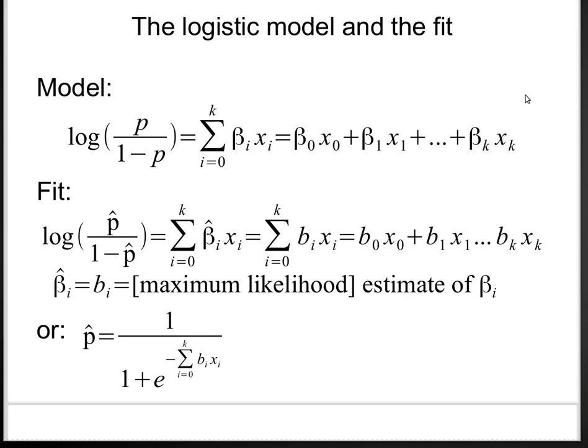We then will construct a fit that will look like this. We'll have the fitted probabilities here that can be computed when we substitute the unknown regression coefficients for their estimates, where the estimates are the maximum likelihood estimates. This rather, again, somewhat intimidating looking expression can be written in terms of the estimate or the fitted probabilities directly with just a tiny bit of math.